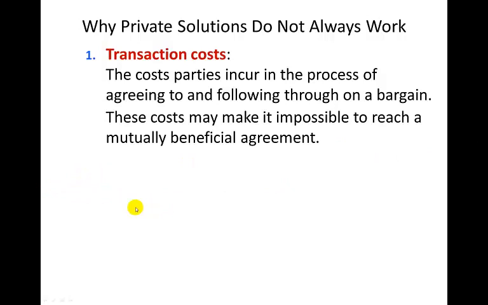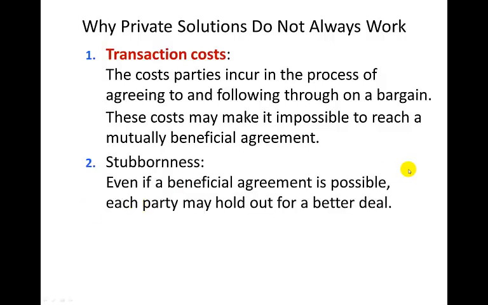Transaction costs can get in the way of people bargaining, and people can also be stubborn. It's not always the case that people will agree to something that might be in their and other people's best interests. I'm sure you all know people who are annoyingly stubborn.